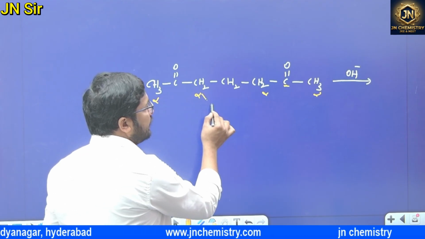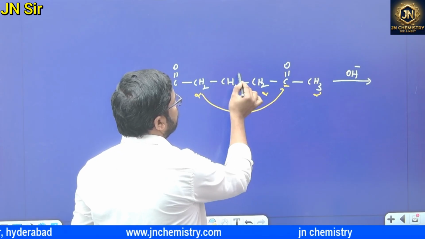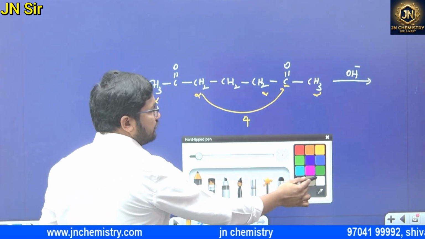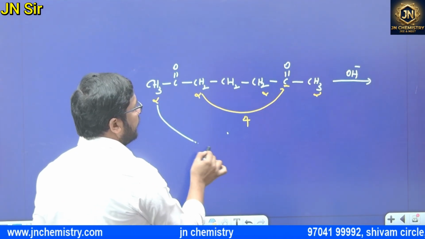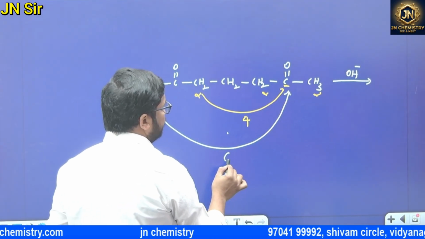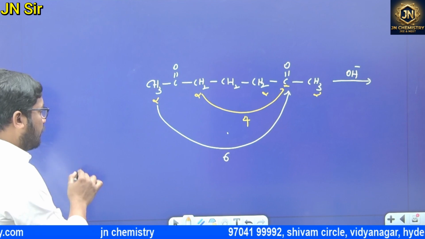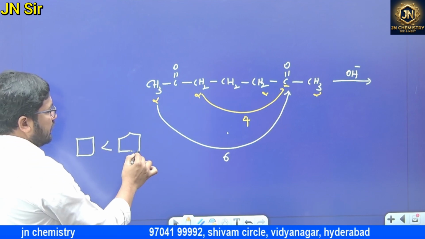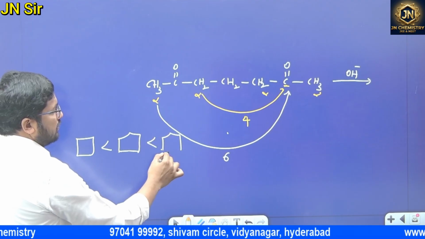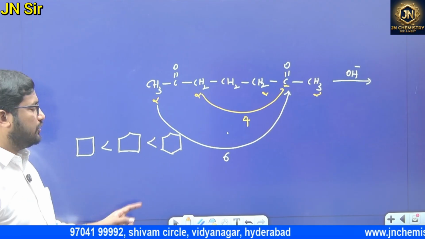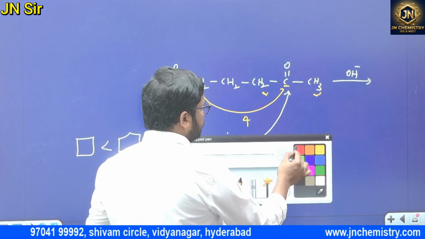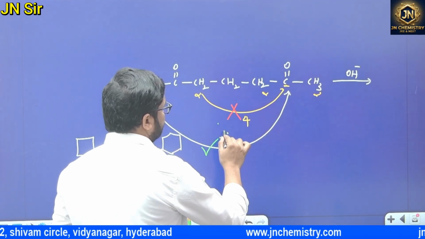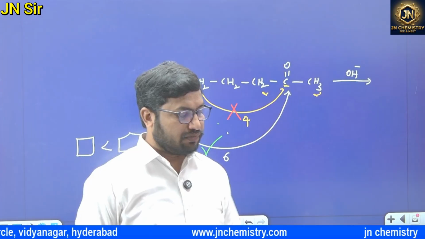For example, if it is adding over here, 1, 2, 3, 4, we will get a 4-membered ring. If you remove the alpha hydrogen in the first case and add over here, we will get a 6-membered ring. We know 4-membered ring, 5-membered ring and 6-membered ring: the 6-membered ring is more stable. So that's the reason we don't take this one, just take this one.